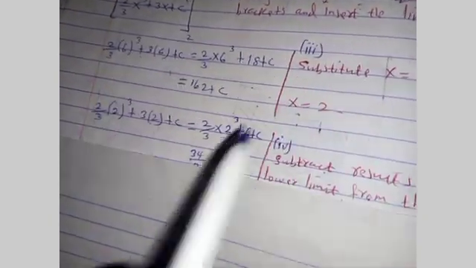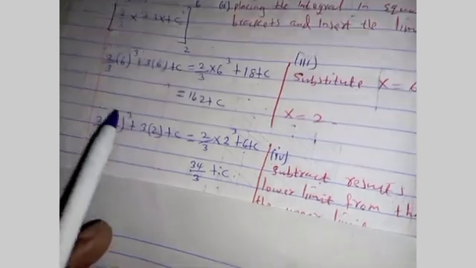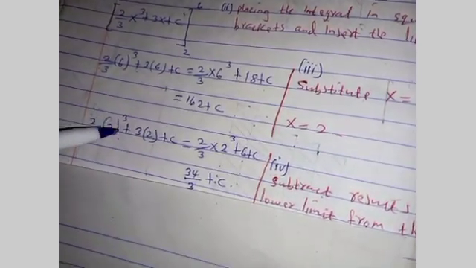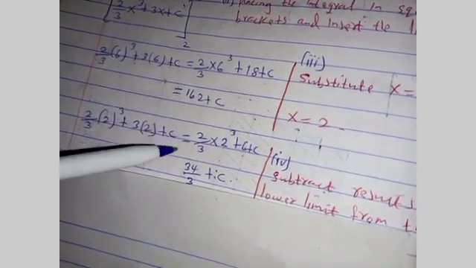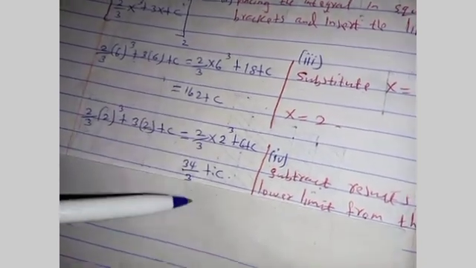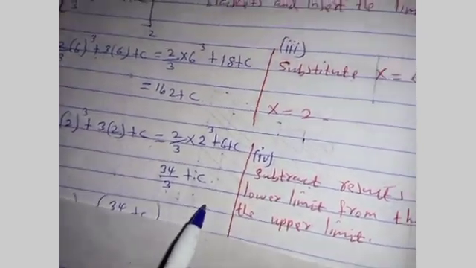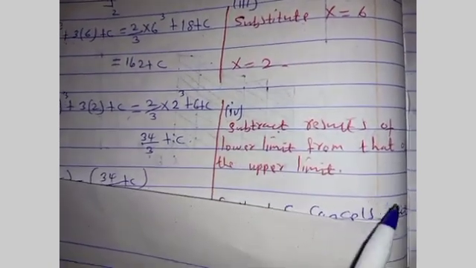The other part is substituting x is equal to 2. Where you have x, you write 2. So 2 over 3 times 2 cubed plus 3 times 2 plus c. You simplify and you are going to get 34 over 3 plus c. Then from there, you subtract the result of the lower limit from that of the upper limit.